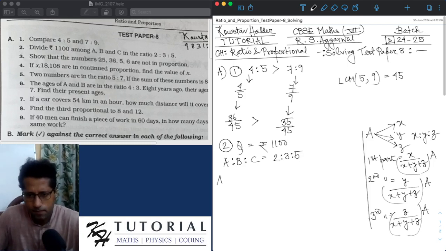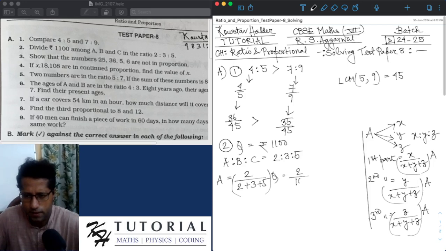So A is nothing but 2 by 2 plus 3 plus 5 into the total quantity Q, which is equal to 2 by 10, since 2 plus 3 plus 5 is 10, into rupees 1100.